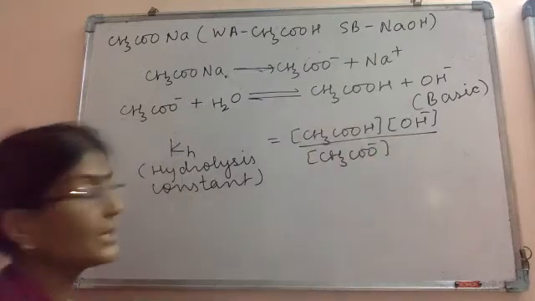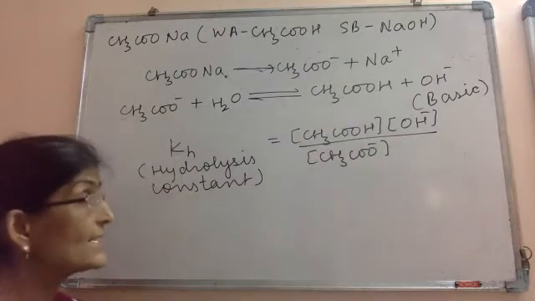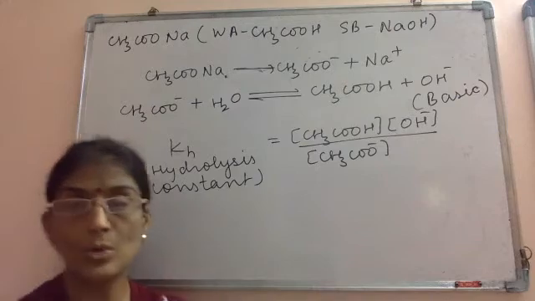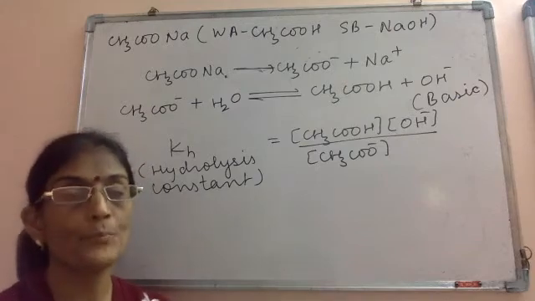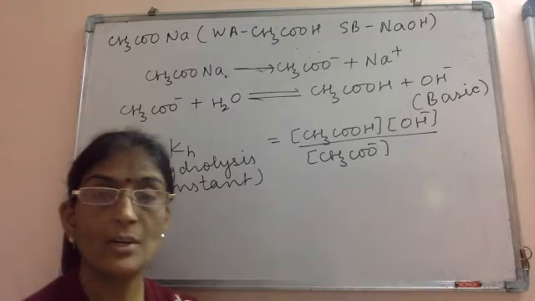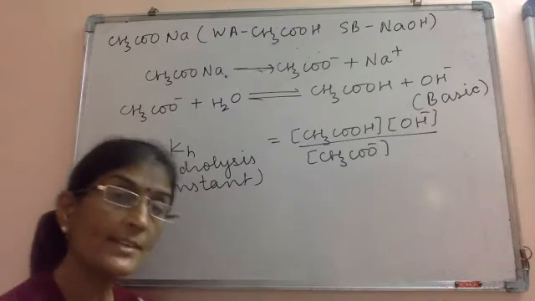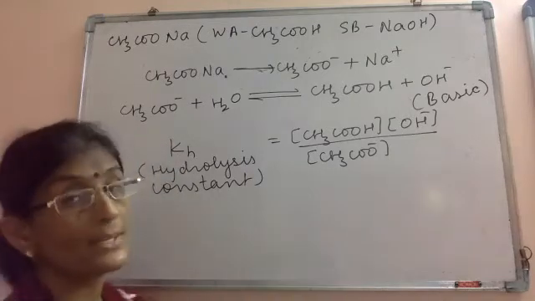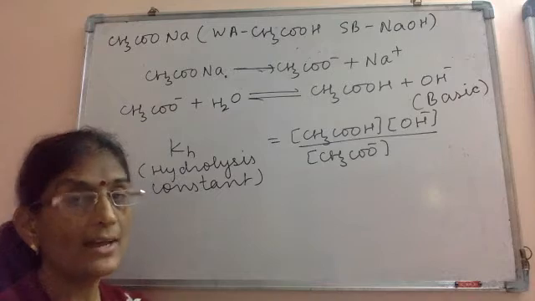Water is constant, so we do not write it. So KH is acetic acid times OH minus upon acetate ion. The reaction is reversible, so equilibrium will be established. Equilibrium constant for hydrolysis reaction is known as hydrolysis constant, given by KH.